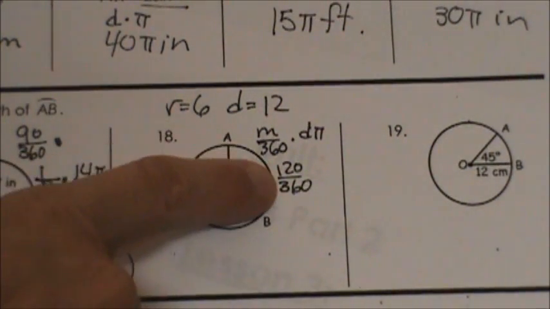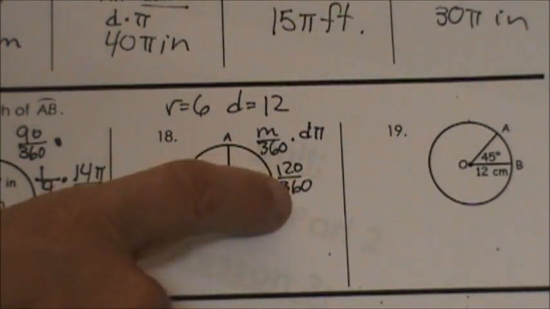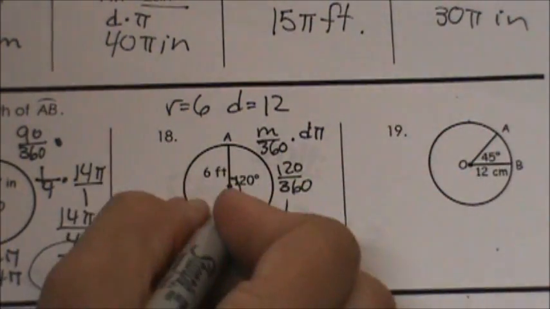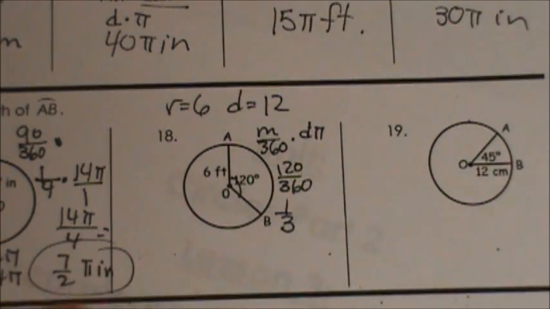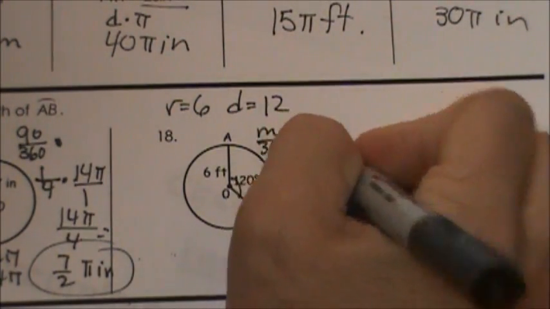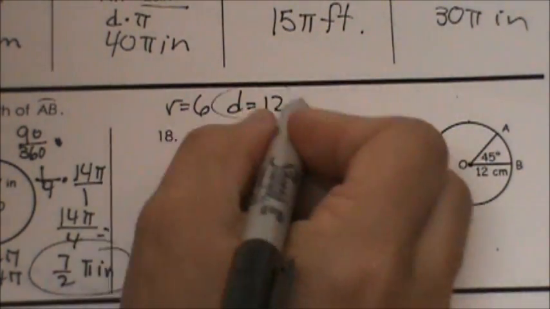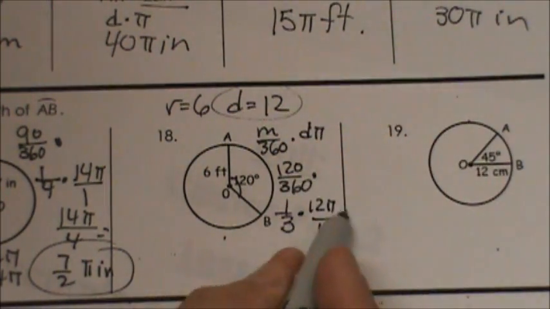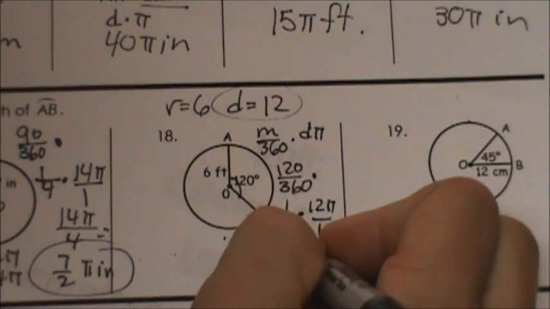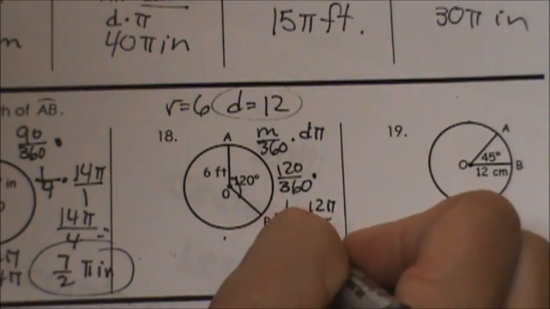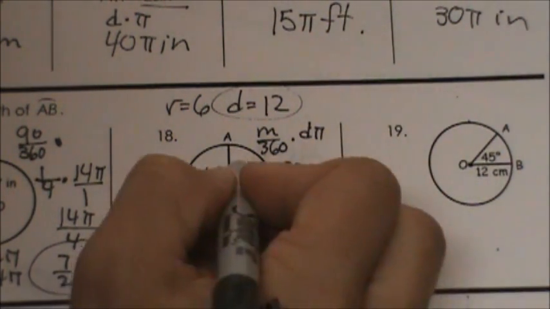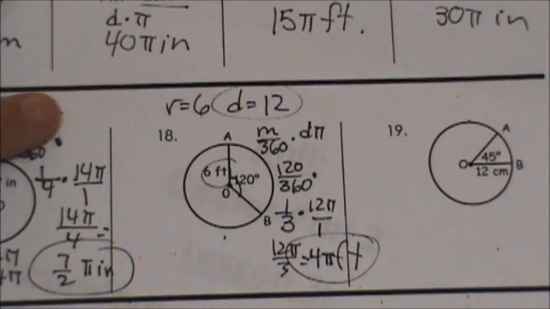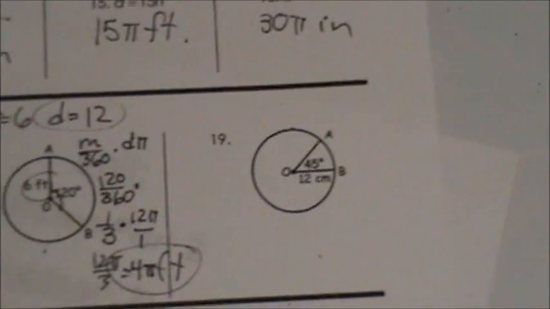It's 12 over 36 if we cancel the zeros out, which reduces to 1/3, because 120, 120, and 120 add to 360. Times d pi. Diameter we just said was 12, so times 12 pi over 1, multiply across. 12 pi over 3 is equal to 4 pi, and this is in feet. So that's 4 pi feet.